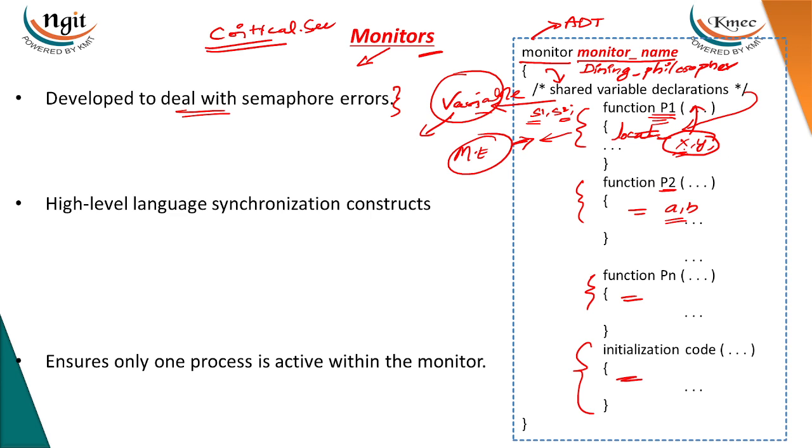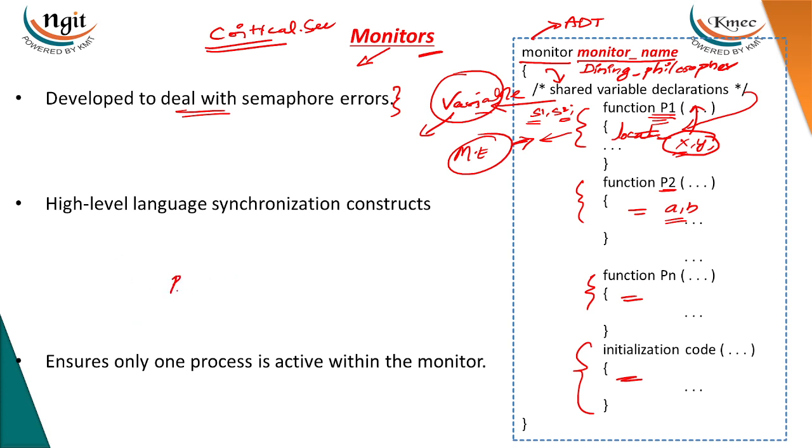The main reason we implement a monitor is that within a monitor only one process is active. Other processes which want to execute their critical section have to wait.